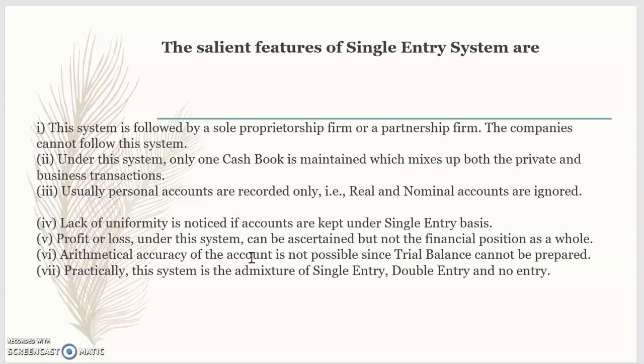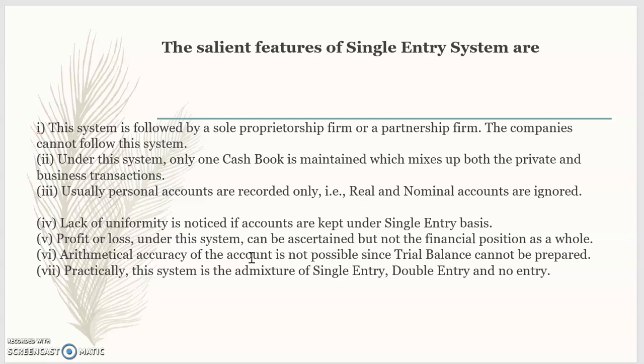In this system, generally personal accounts are kept and real and nominal accounts are ignored, in the absence of recording the twofold or double entry aspect. There is a lack of uniformity in accounts kept under single entry system; it means there are no uniform rules followed by any business for recording such transactions.